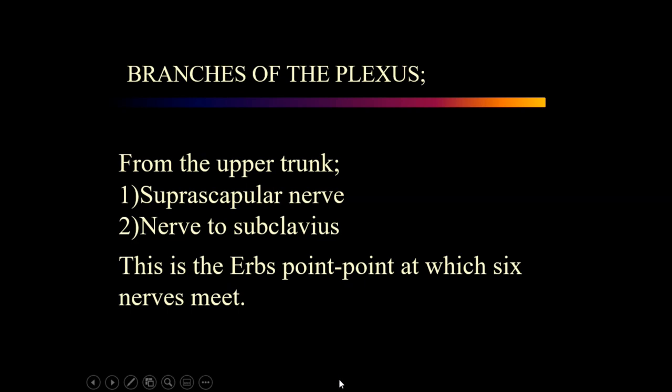From the upper trunk. So three trunks are there, but only the upper trunk gives the branches called suprascapular nerve and nerve to subclavius. We can remember SS, two branches, and this point is called Erb's point. It is not a point, it is about 1 centimeter at which 6 nerves meet. So this may be asked as short notes for you.